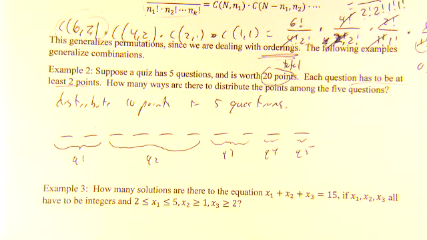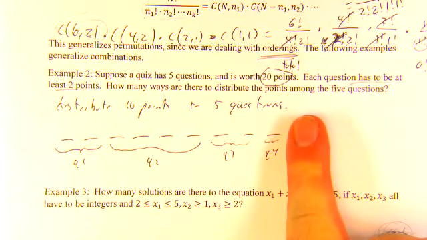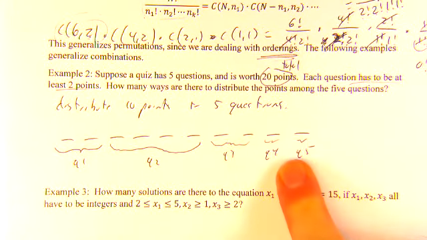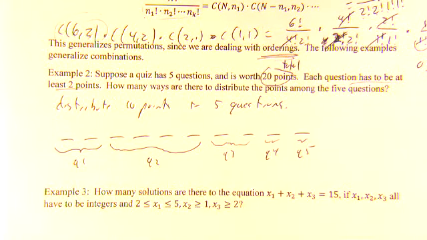But once I've distributed the points for questions 1, 2, 3, and 4, I already know how many are in question 5, right? Because I've got 10 points total. If I've distributed points to questions 1, 2, 3, and 4, then I know how many are actually distributed.